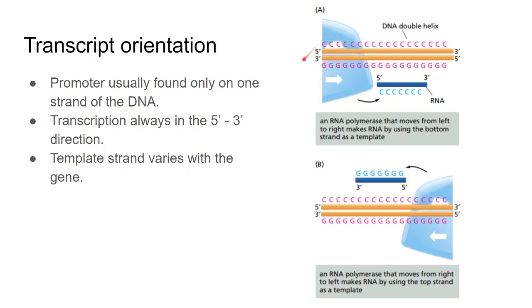If the RNA polymerase is moving in the rightward direction, and this is the orientation of your template strands, you will have a 5' to 3' growth of the RNA sequence transcribed.